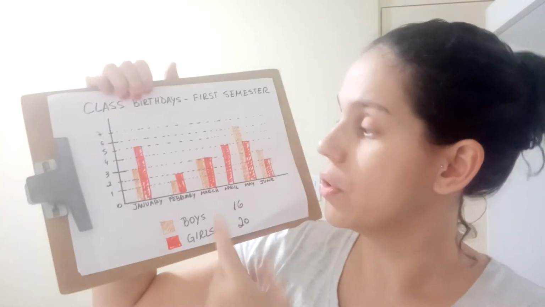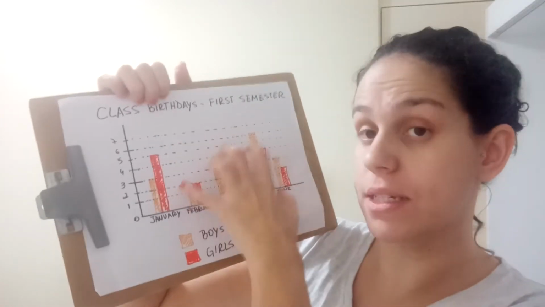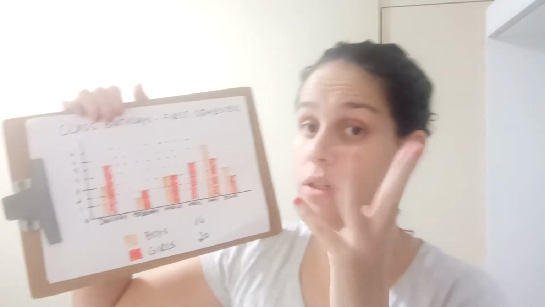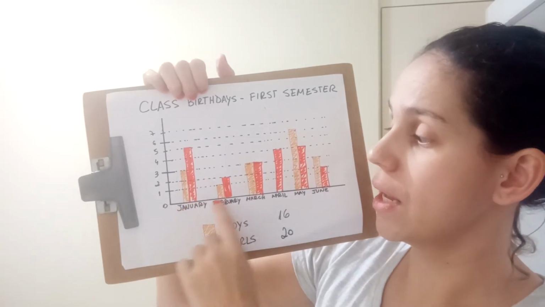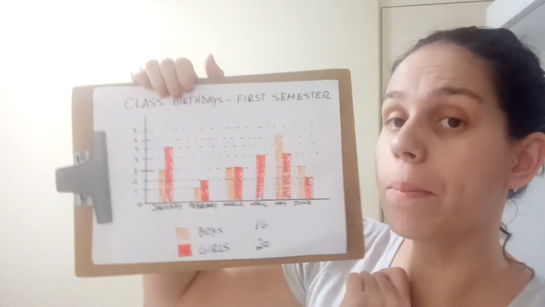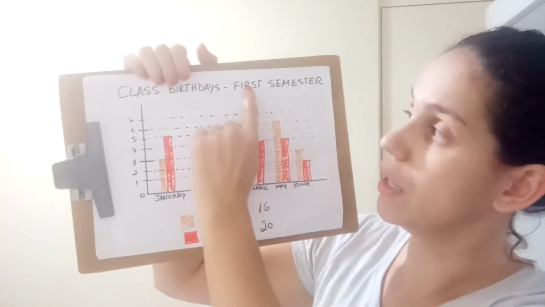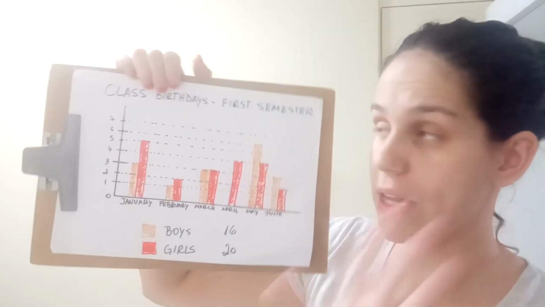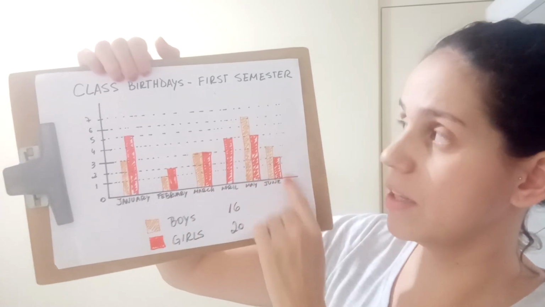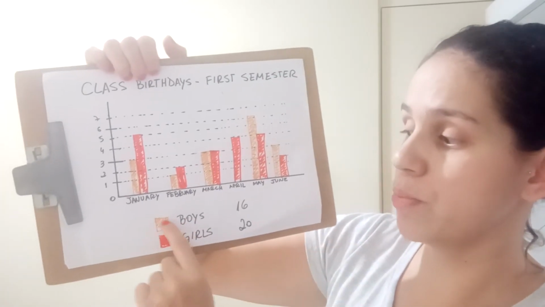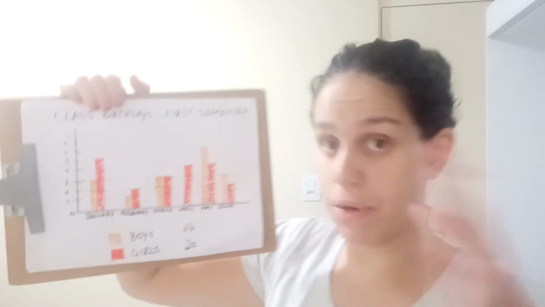Okay, so the data in this graph is the quantity of boys and girls and their birthdays in the first semester. So the data is the months in the first semester and boys and girls. So it's separated. Yes?